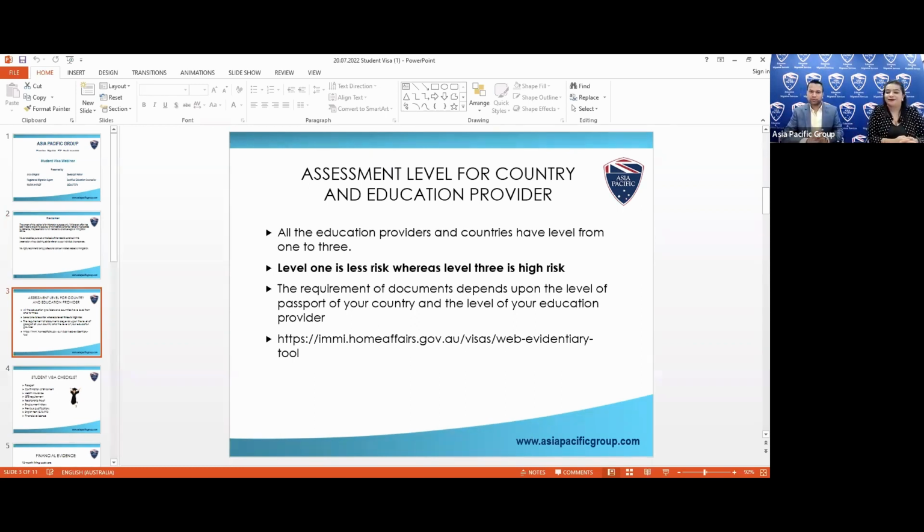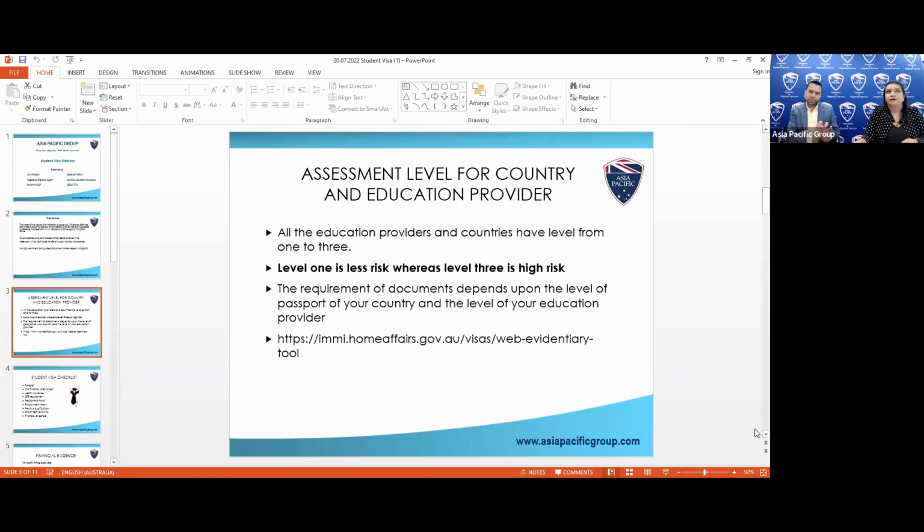From the last couple of years, the Department of Home Affairs has come up with a simplified student visa framework, where they have provided levels to the country of the passport the applicant is holding and to the education provider also. For example, if you hold a passport from Brazil and you want to study at a specific university, let's say RMIT University, the country has a level from 1 to 3, and the education provider also has a level.